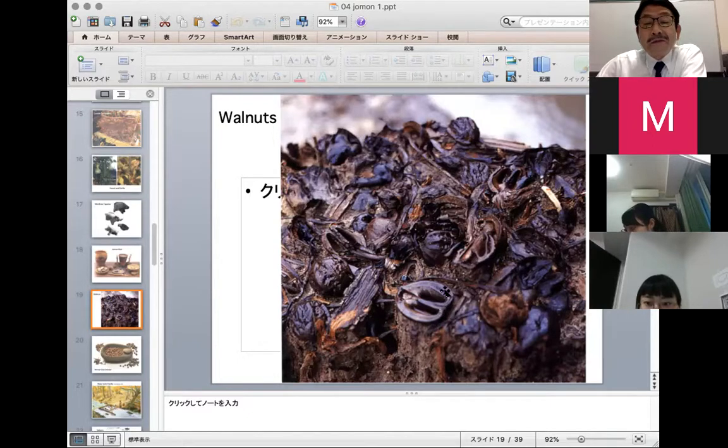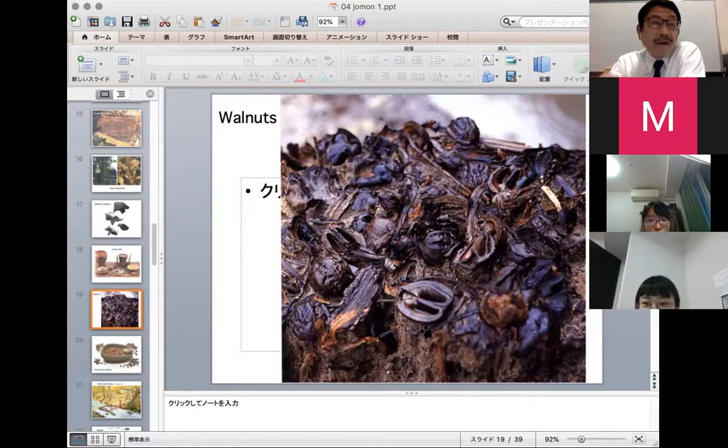But you see, this is beautifully split. If you crack the walnuts with a stone, it wouldn't break like this. There is a certain device to crack it perfectly, which is you soak the nuts in water for a certain time and fry it on a pan or pot or whatever, heat it.